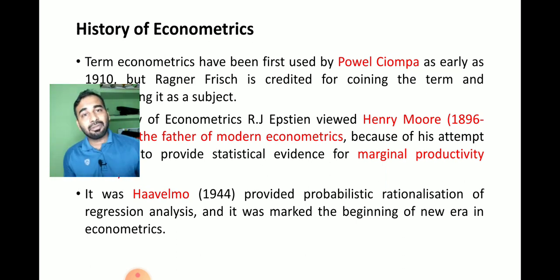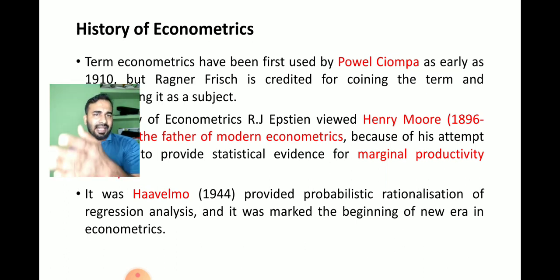So it was Haavelmo who gave the probabilistic rationalization of regression analysis, and it marked the beginning of a new era in econometrics. He took the subject to a new level. Until that time, econometrics was purely a statistical, mathematical subject.